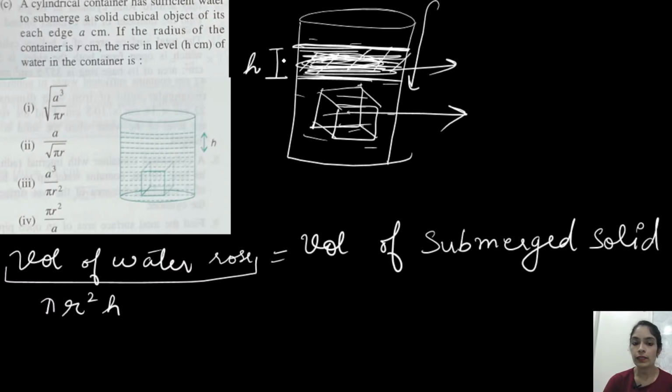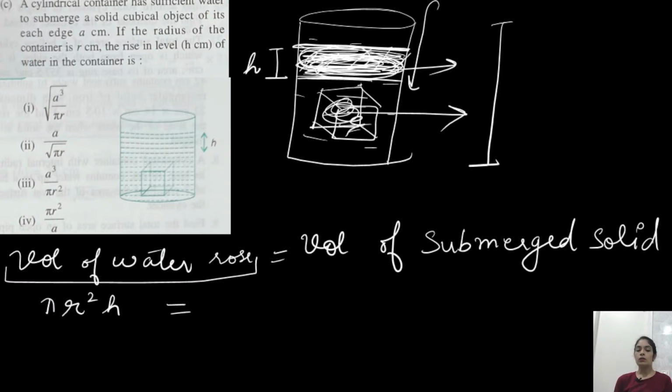With this h only, I don't have to consider the full height, because this volume is equal to this volume. That's why I'm only considering the volume of this part. This is equal to the volume of the submerged solid, and the submerged solid here is a cube.